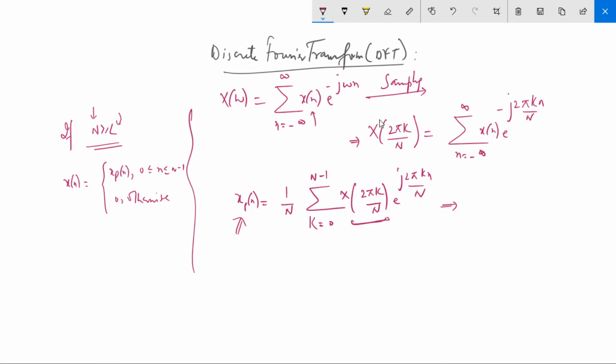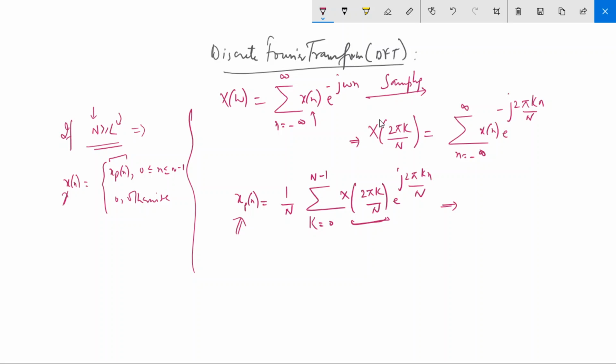So in that case you can simply recover x(n) from xp(n) by just taking its first N samples. And if N is less than L, in that case you have aliasing in the time domain. Okay, this is what we have discussed in the previous class.